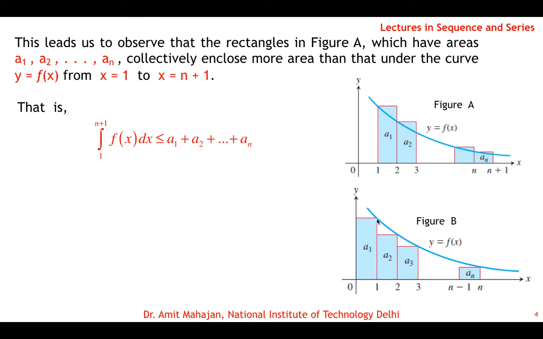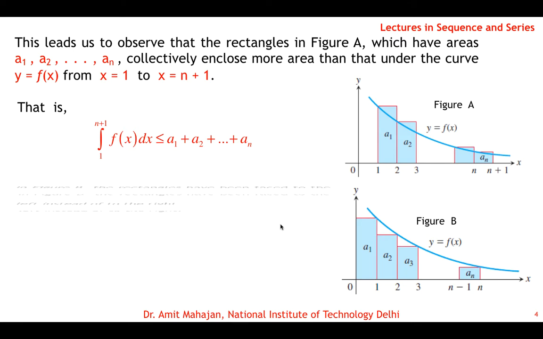And the area under the curve y equals f(x) from 1 to n will be greater than the sum of a2, a3 and an, because there is some part under the curve which is above the rectangles.